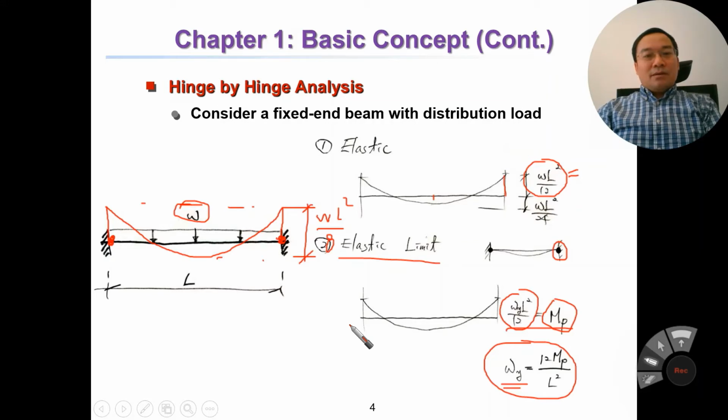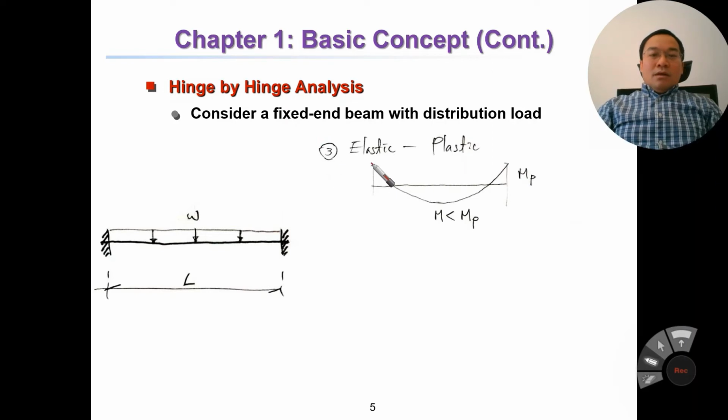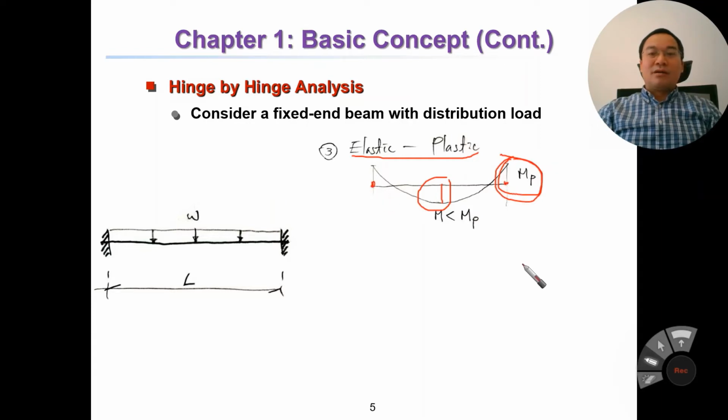Then what happens next? Elastic-plastic. In this phase, the hinges occur at both ends, so the moment is Mp, while at the middle, M is smaller than Mp. So we call it elastic-plastic. This section is elastic, but these sections are plastic. We have two plastic hinges already.